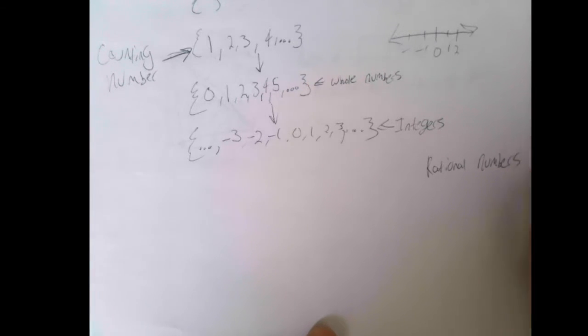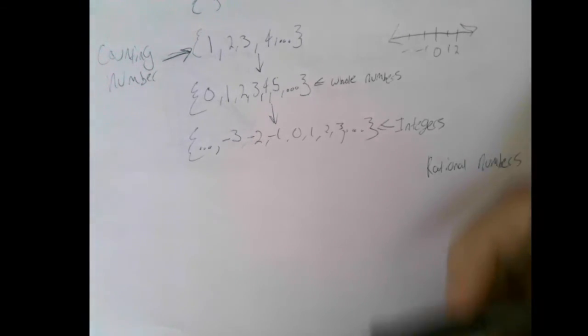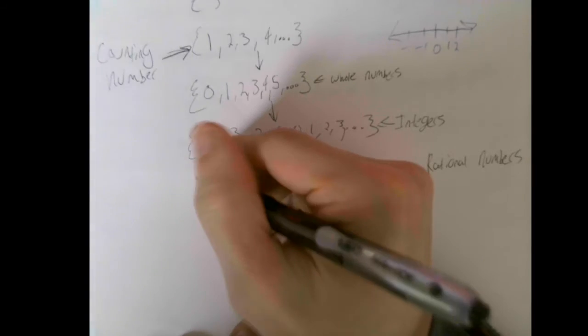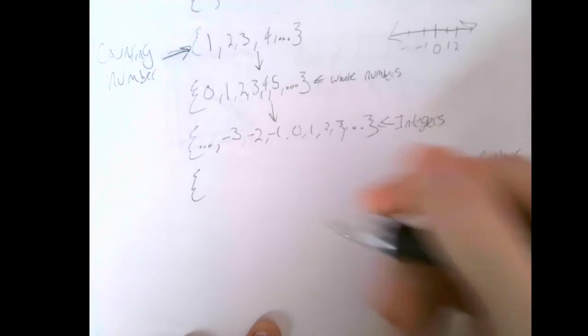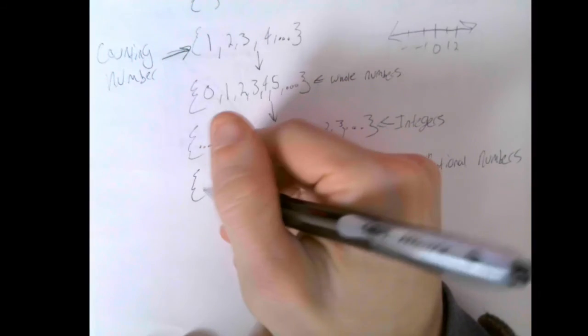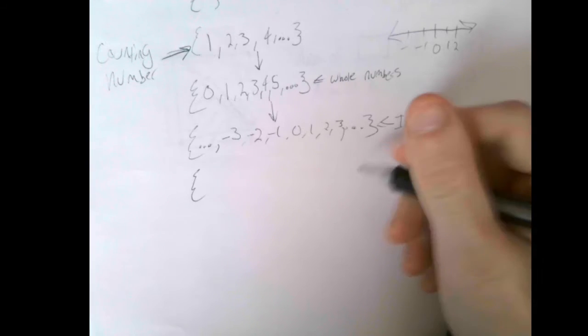And what the set of rational numbers introduces is the numbers between the integers, right? The fractions. Because there are so many numbers in between each integer, we can't just write it out as we would with these ones.